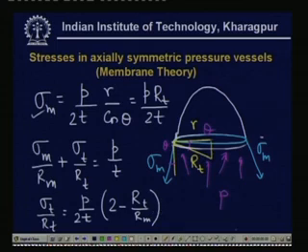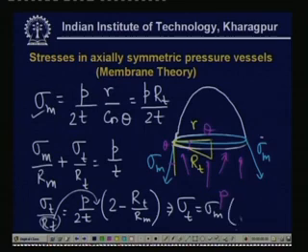So, this is clear, and then sigma t, if you take this here, then P r t divided by twice t, which is equal to sigma m. So, that means sigma t will be equal to sigma m times twice minus r t divided by r m.